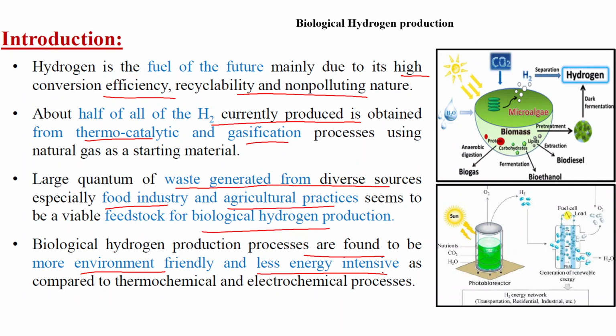So bacteria is used for the generation of hydrogen in these biological processes. No external bias is required, only bacteria assist in the production of hydrogen.